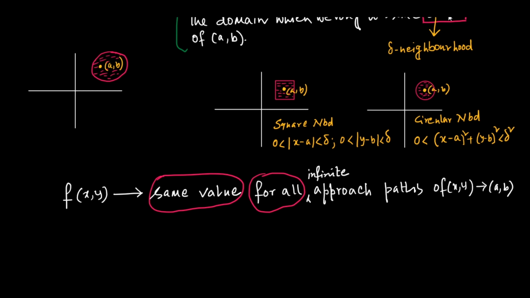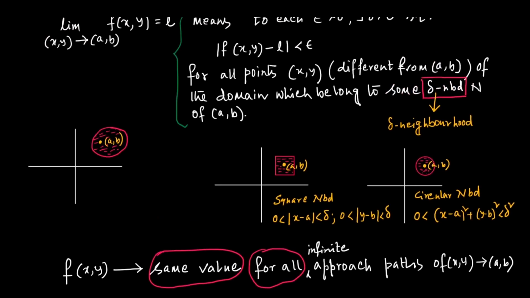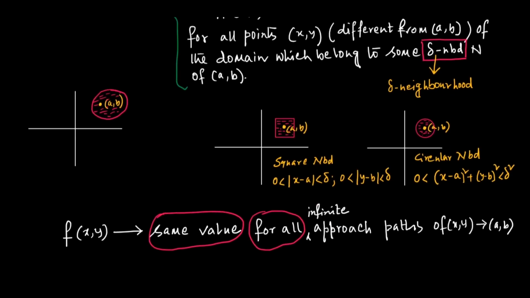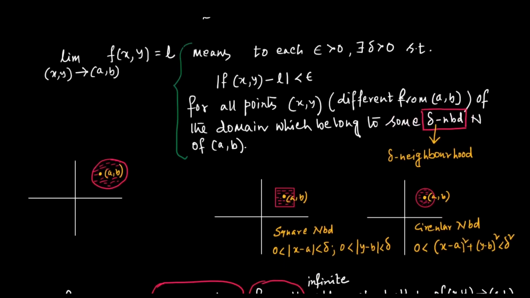Why are the number of approach paths infinite now? I am again reminding you, because now the domain is planar, and the situation is you are walking on the floor of your room instead of the earlier situation where you were walking on a rope. So that is what is meant in this definition.